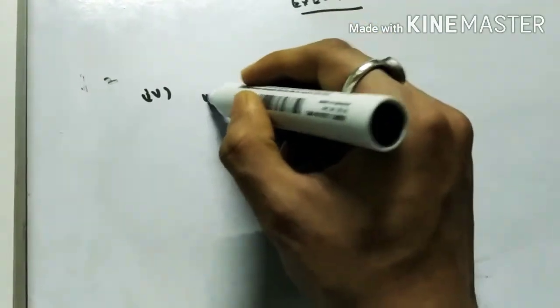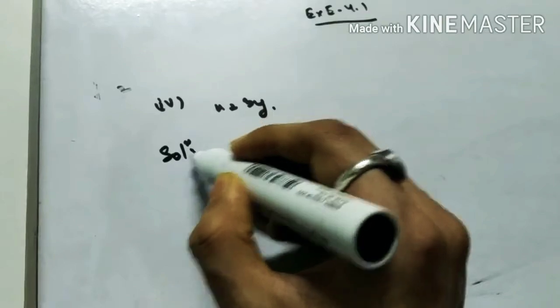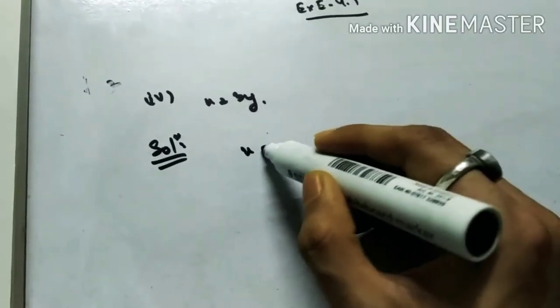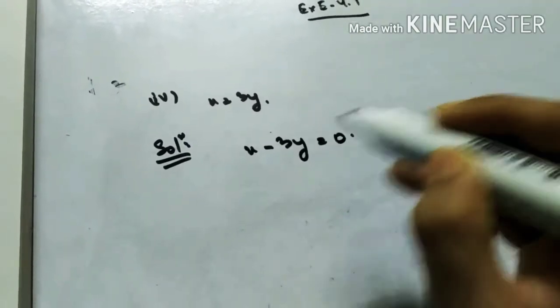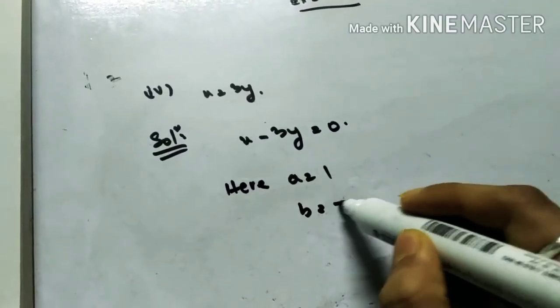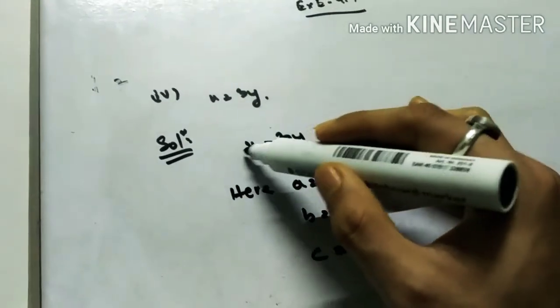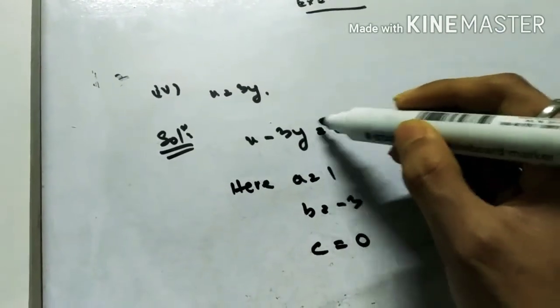Next again, question number 4, it is given x is equal to 3y. Understand? x is equal to 3y. So the solution is x minus 3y is equal to 0. So here a is equal to 1, b is equal to minus 3, and c is equal to 0, since in ax plus by plus c, c is not there.